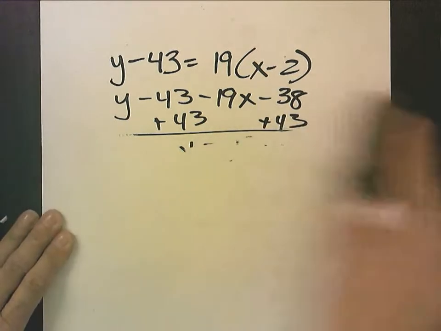Now, let's look at problem number 2. Problem number 2 says, all tickets for a concert are the same price. The ticket agency adds a fixed fee to every order. A person who orders 5 tickets pays $93. A person who orders 3 tickets pays $57.